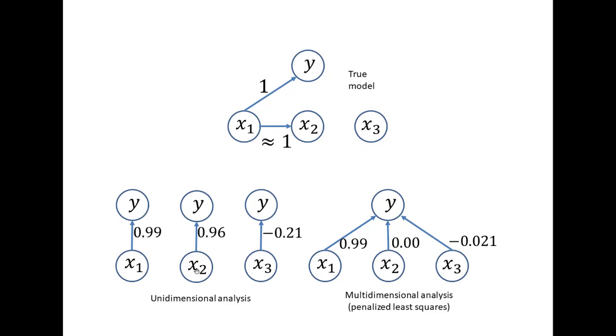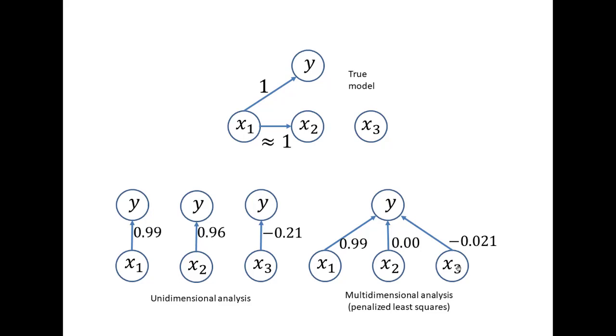You also see a dependency of x2 on y, but this is not causal. It's just a prediction model. And you see that the influence of x3 can also not quite be eliminated. But if you have a well-tuned penalized least squares model, you discover that x1 is the true cause, x2, the medication, has no influence, and x3 also likely doesn't have any influence.